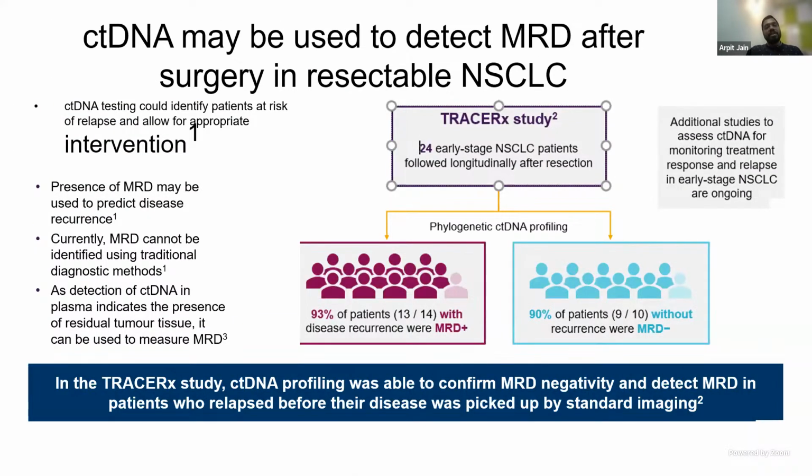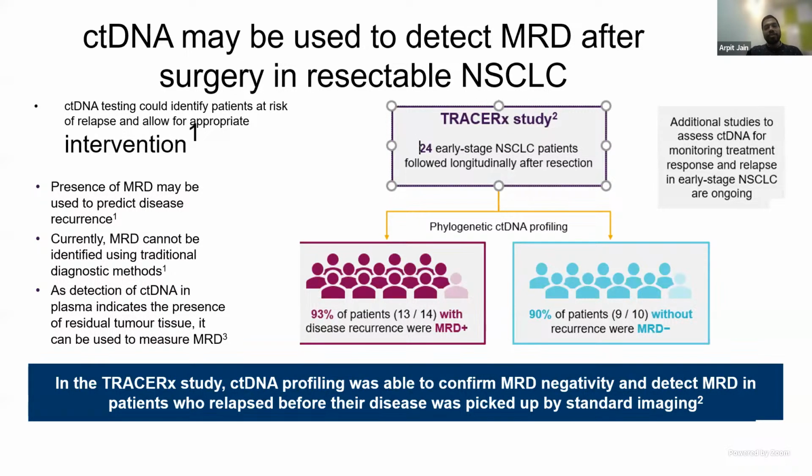There is the TRACERx study which was conducted, and it found that ctDNA based testing can be used to assess or detect the MRD status of NSCLC patients after surgery or resection. It found that all those patients who had MRD positivity subsequently recurred with the disease in about 93% of the patients.